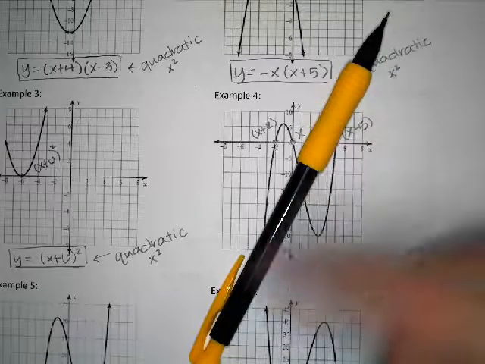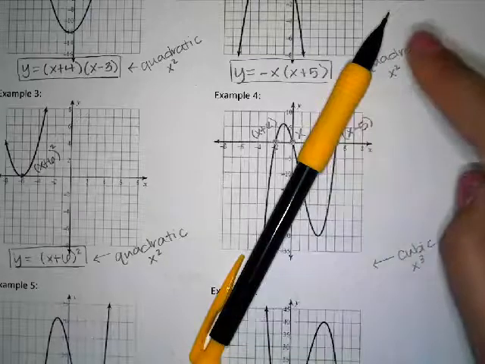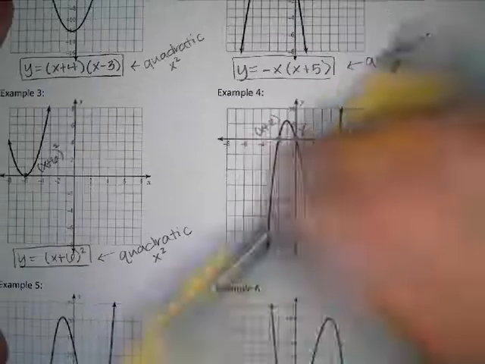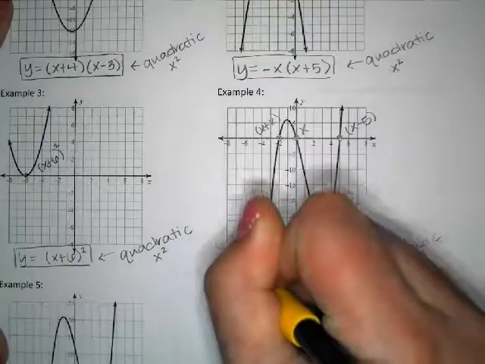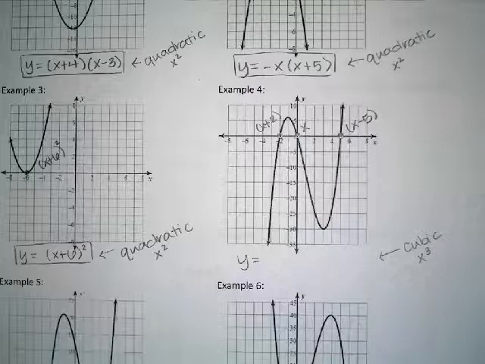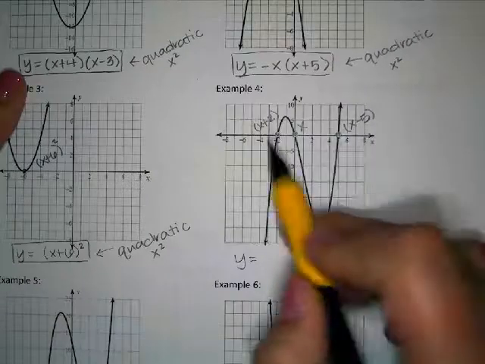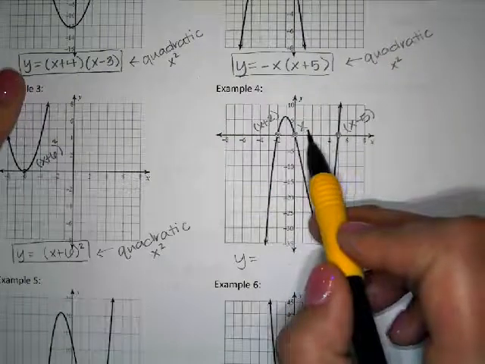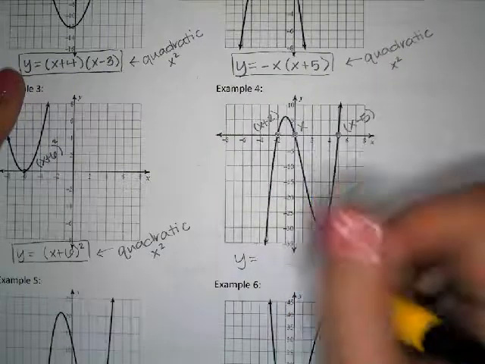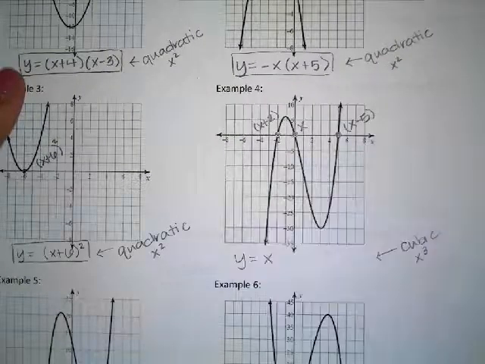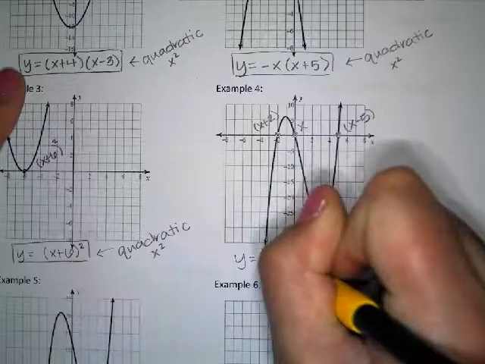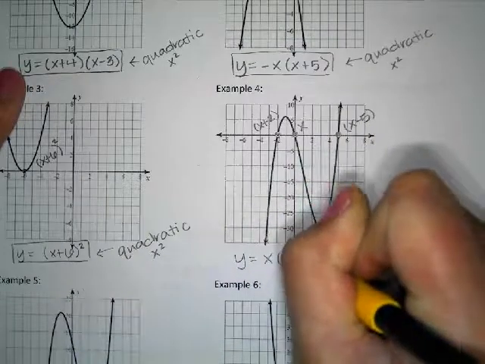Does that make sense? Okay, so if it's a positive graph, we're going to leave it because we don't usually put a plus sign in front of graphs. We just say that it's positive. And then when we write these, you can put the x in the middle, but people will think you're weird. People usually put the x in the front. So I'm going to put the x, and then the x plus 2, and then the x minus 5.